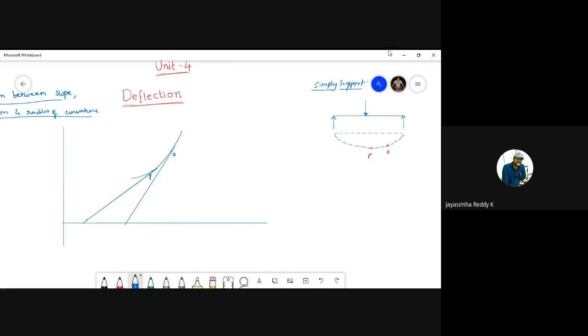Because of this force, the beam will deflect like this. The dotted line is the deflected portion of the beam after the application of the load.